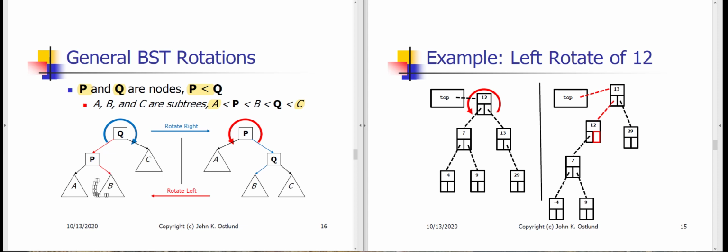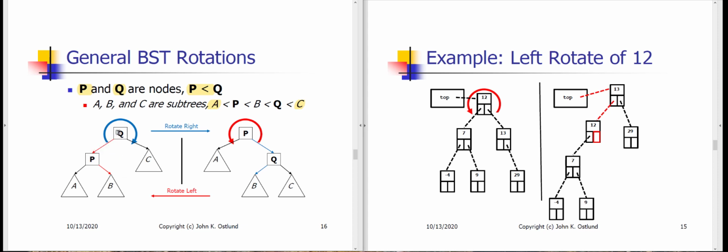So anything in this B subtree is both greater than P and also less than Q. Depending on which of these two nodes, P or Q, is above the other, P will either have B as its right child, or Q will have B as its left child.